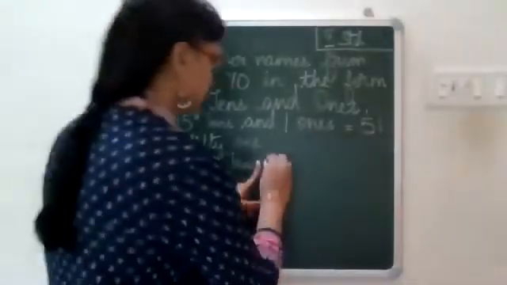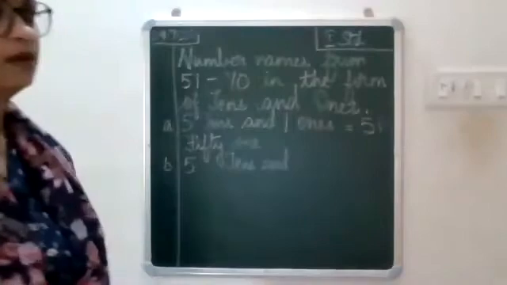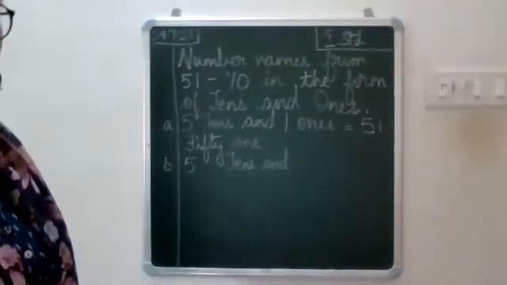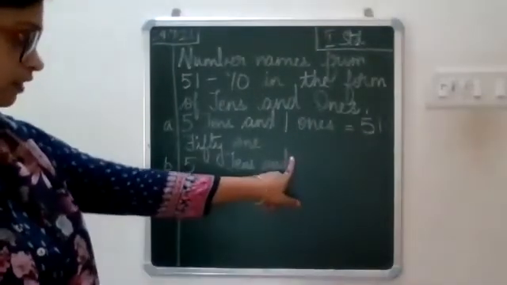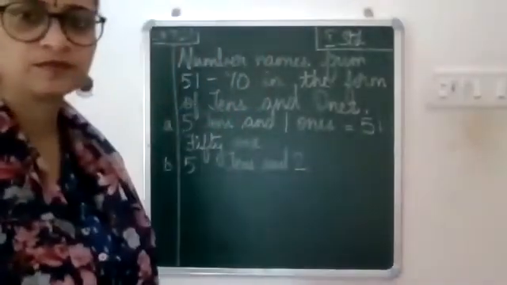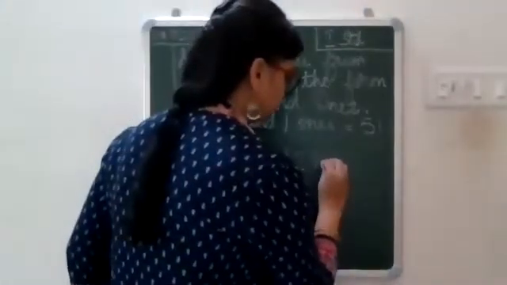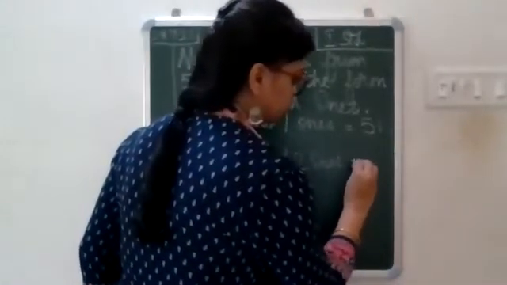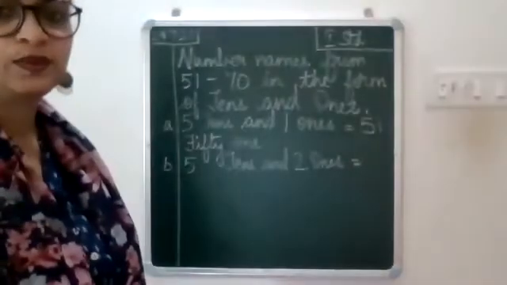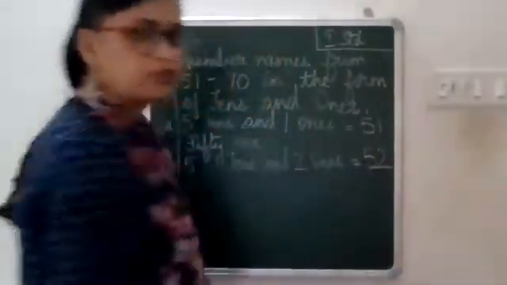Leave a finger space, write down AND, and. Leave a finger space, write the number 2. Leave a finger space, write down ONES, ones. Is equal to, very good, is equal to 52.